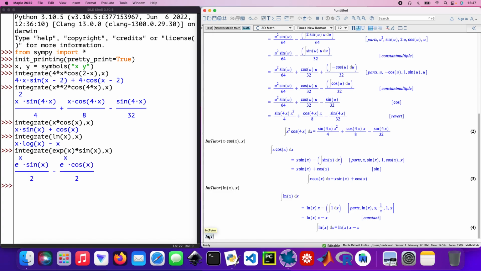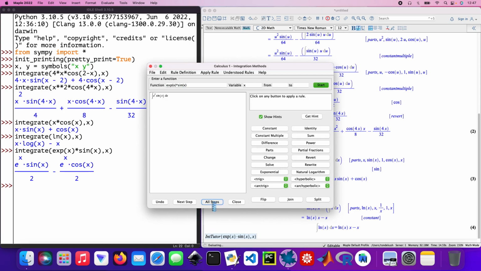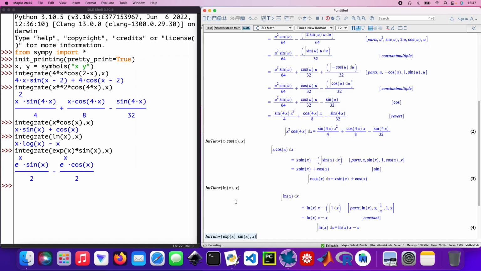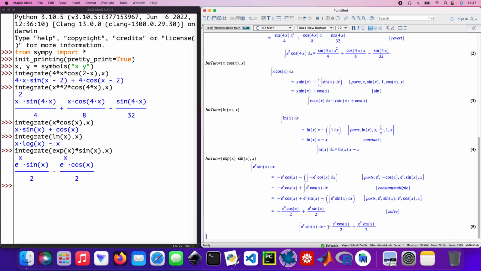Int and tutor, exponential x times sine of x with respect to x. Okay, so all the steps. Close that. So minus exponential x times cos x over 2, and then plus exponential x times sine x over 2.